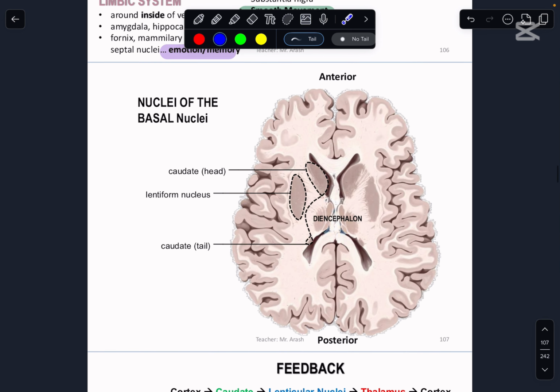And then this picture shows you the same thing. You still look at the deep nuclei, except from a different angle. In this case, they're looking at basal ganglia. Sometimes we call them basal ganglia, sometimes we call them basal nuclei. Now, the ganglia thing is a bit of a misnomer, correct?